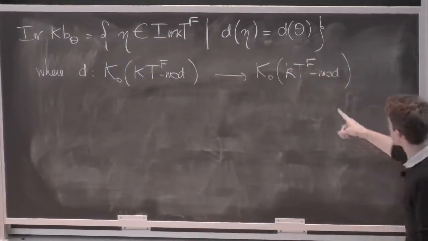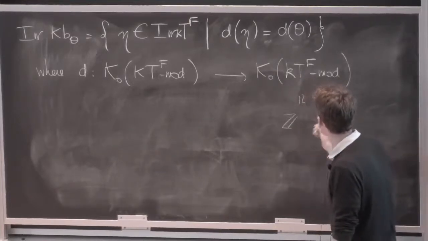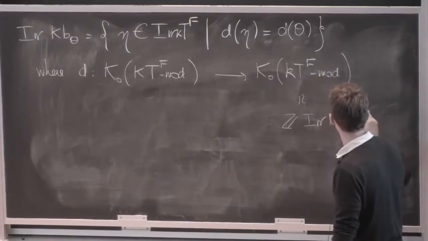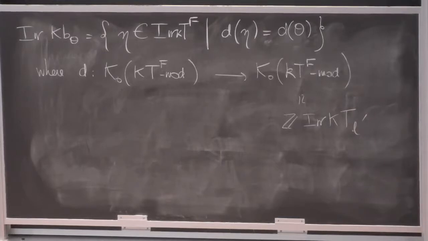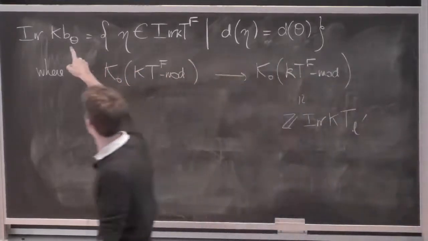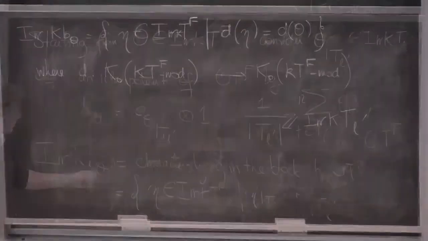But this is really the group generated by the characters of TL prime, in that setting. What's important to notice is that every character which has the same restriction to TL prime will be in the same block.